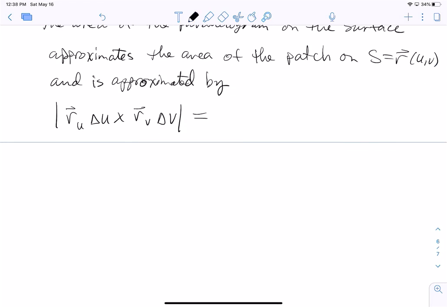Because of the properties of cross products, we can factor out the delta u and delta v, and we end up with the magnitude of the partial of r with respect to u cross the partial of r with respect to v, times delta u delta v.